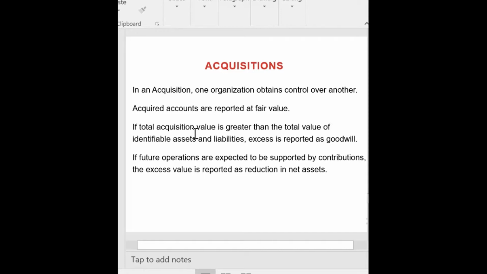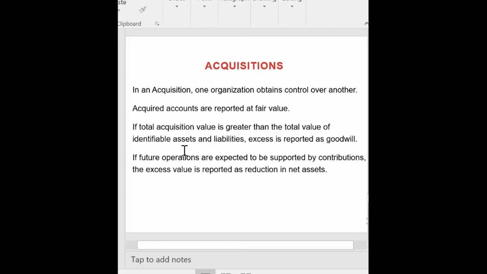They also record goodwill in case of acquisition. You have to check if the total acquisition value is greater than the total value of the identifiable assets and liabilities. If they pay an excess on top of that value, then they will report it as goodwill, just like a for-profit business.